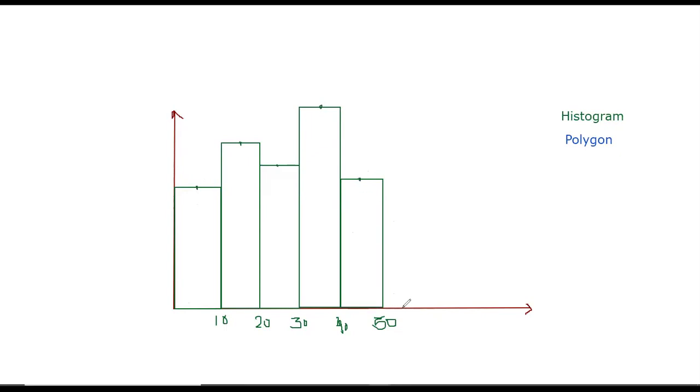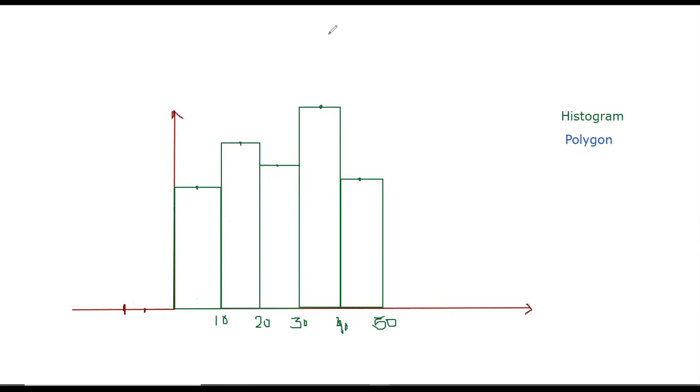Then on the x-axis, on both sides, the positive side and the negative side, you will again be marking the midpoint. For example, over here, if the value comes out to be -10, the midpoint is going to be somewhere here.